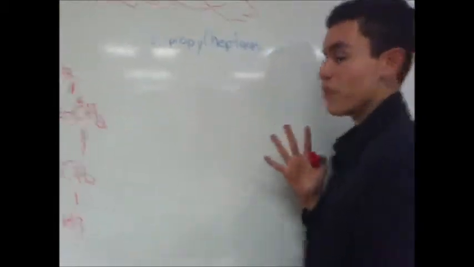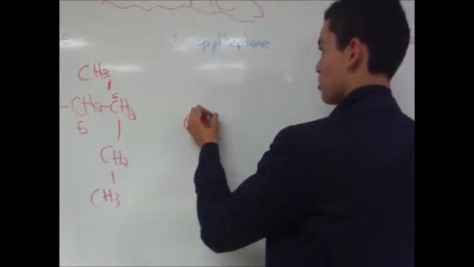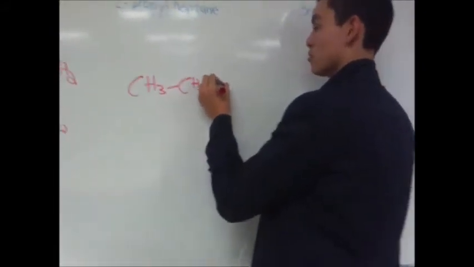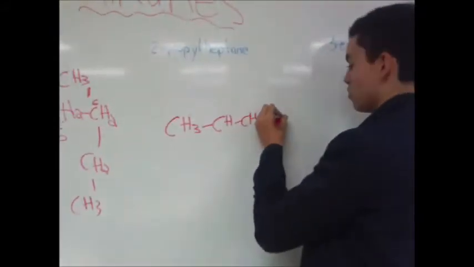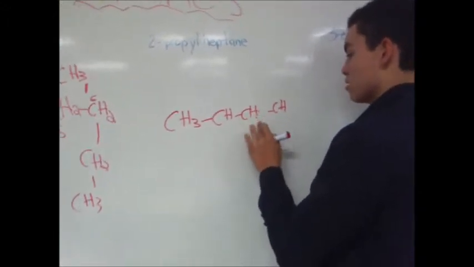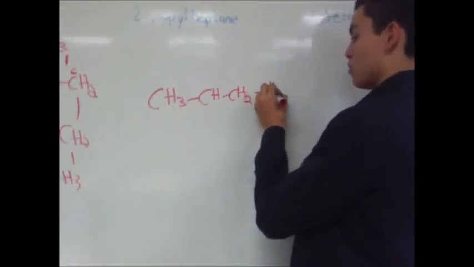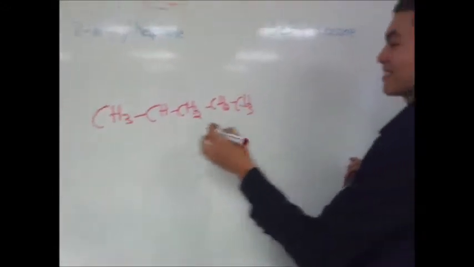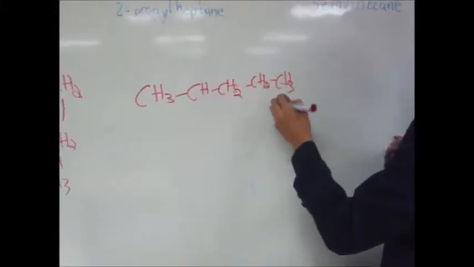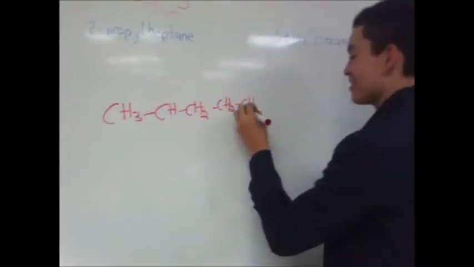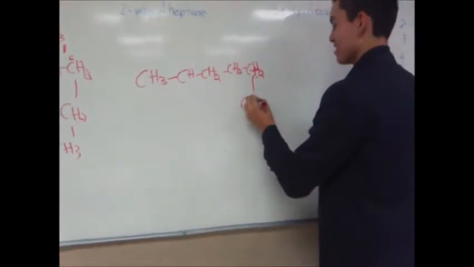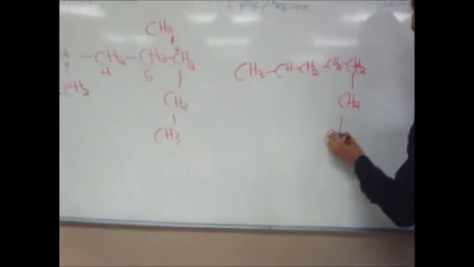And now for the next compound, this is the chain. That means it has 7 carbon atoms, so it's 1, 2, 3, 4, 5, 6, and 7.